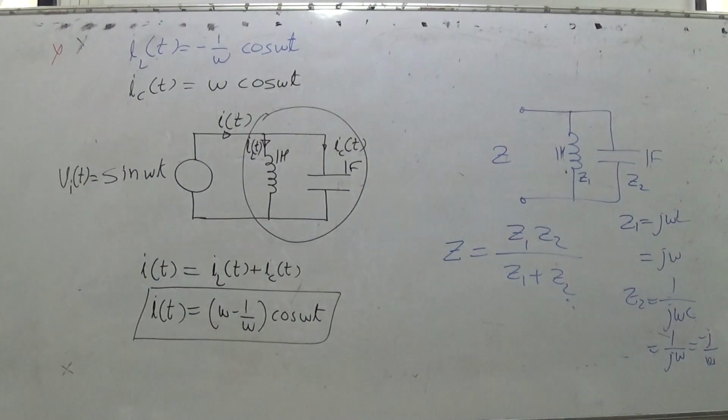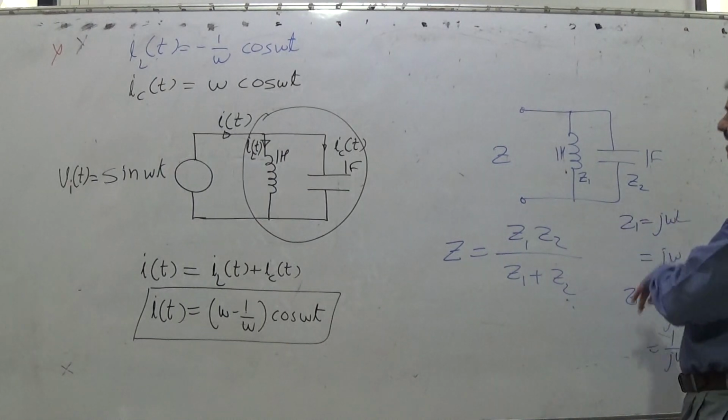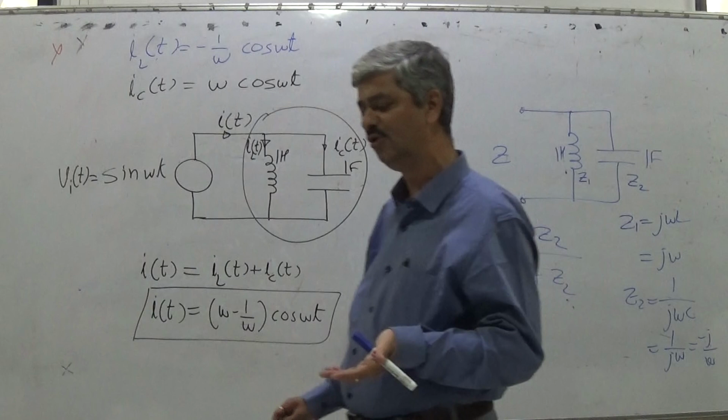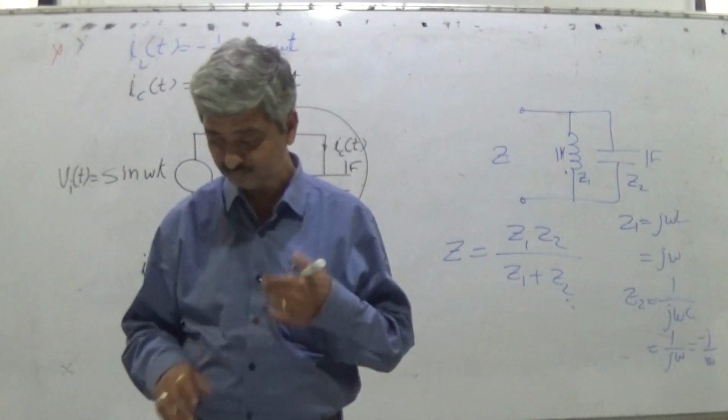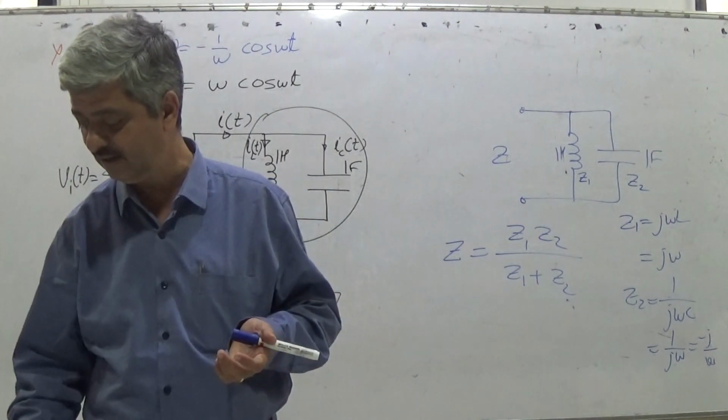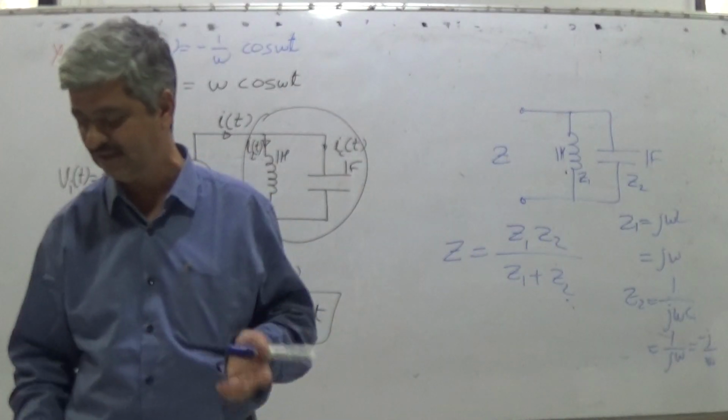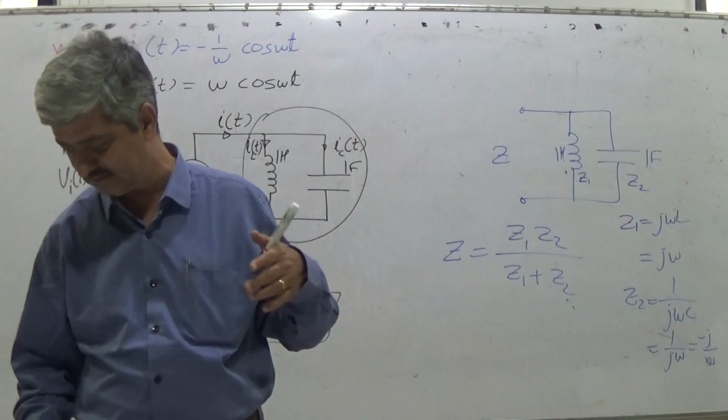So the inductive reactance is j omega. The capacitive reactance is 1 upon j omega or minus j upon omega, for values of inductor and capacitor as 1 Henry and 1 Farad. If we generalize, then in the formula, instead of 1 Henry and 1 Farad, the values of L and C will come, which we will deal with separately.